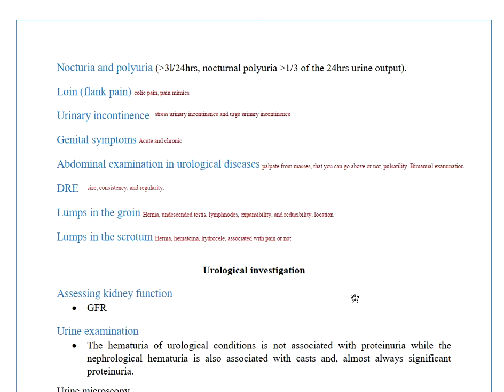But we say that someone has polyuria when he or she has urine output of more than 3 liters per 24 hours. There is another term known as nocturnal polyuria.